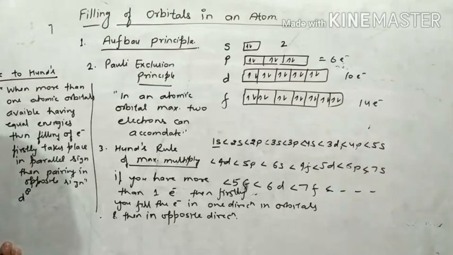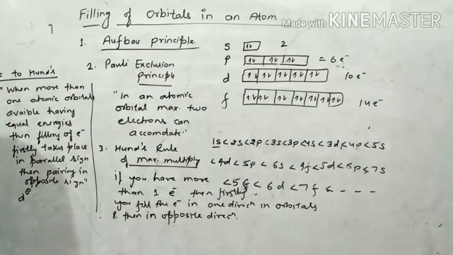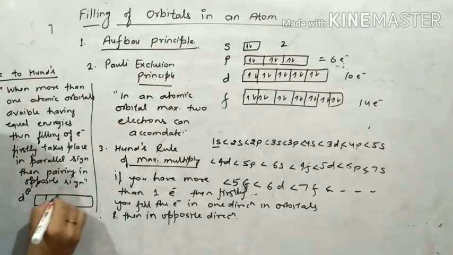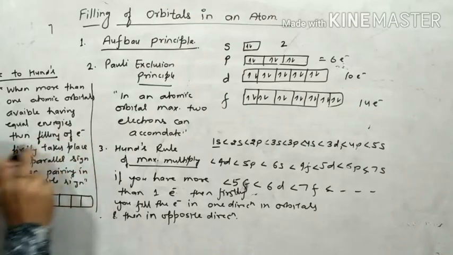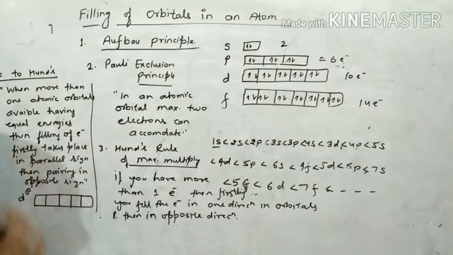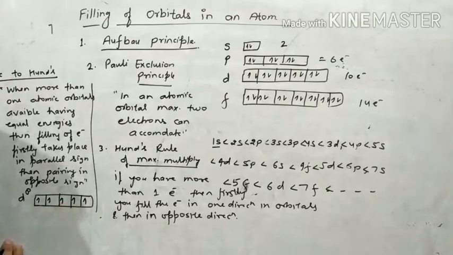Then the filling of electrons firstly takes place in parallel spin, means on the same side. You have 8 electrons: 1, 2, 3, 4, 5.